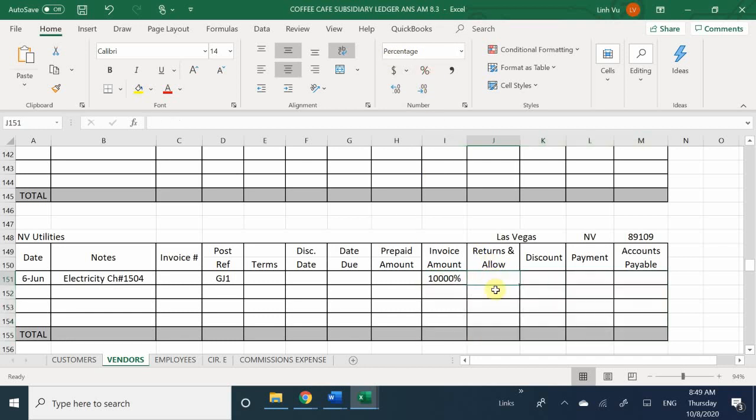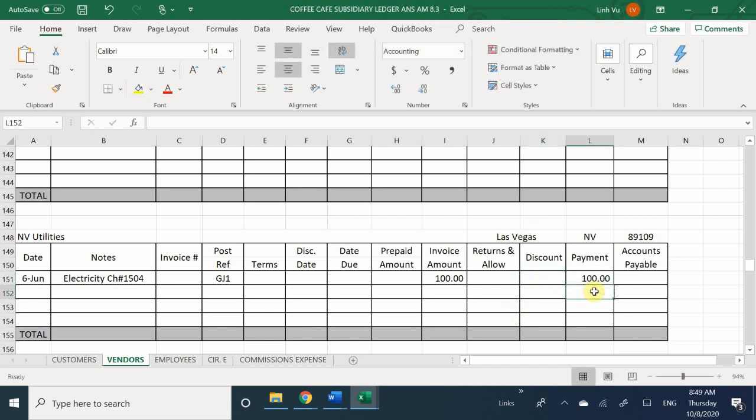Okay. I hit the wrong formatting button. There you go. No, we did not have any returns and allowances, but if you were to, good luck trying to get your $100 back from your landlord for the utilities. Is there any discounts? No, not yet. And did you make a payment?